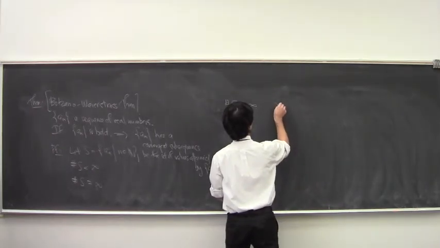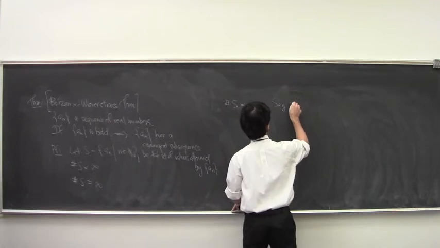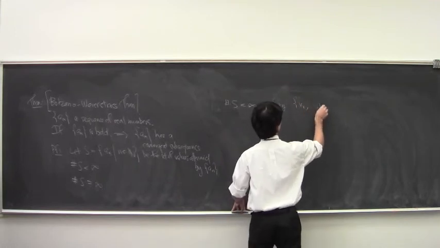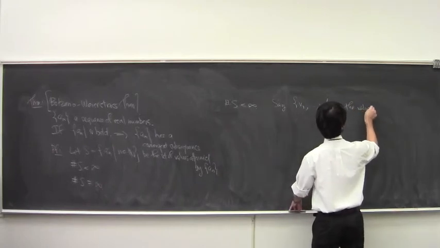So let's say that the values v1 to vk are the values taken.